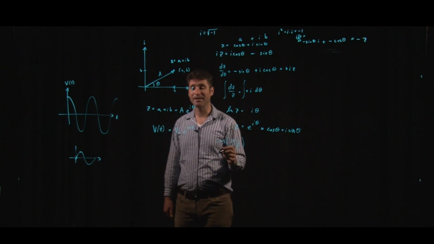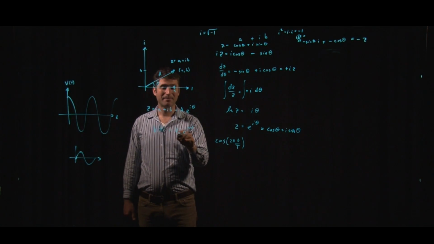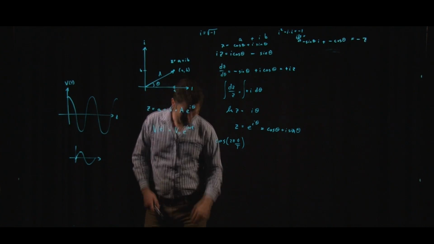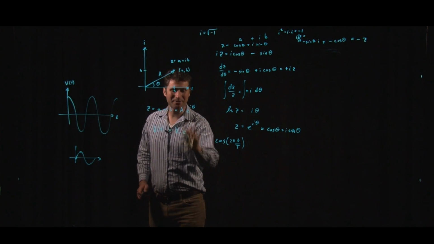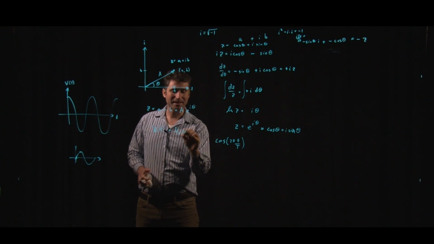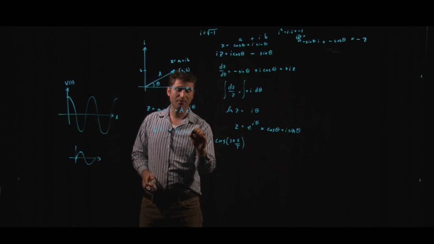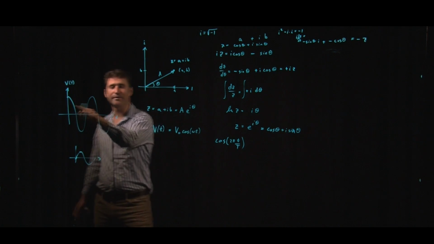And so you can imagine that I could write my voltage like this, and that would be a shorthand way of writing that it's V naught times the cosine of omega t, which is actually what we have written here.